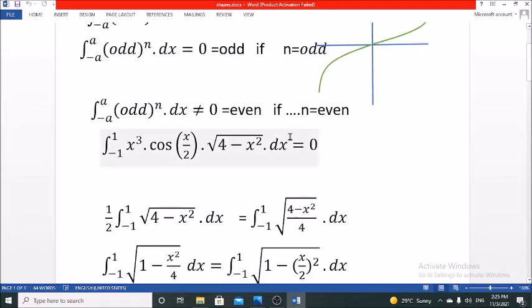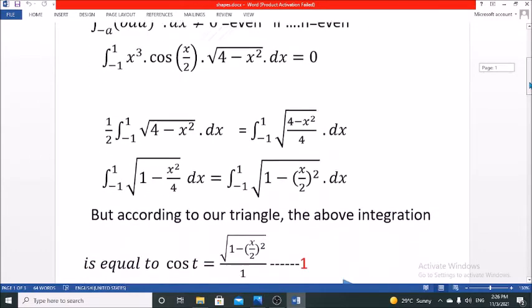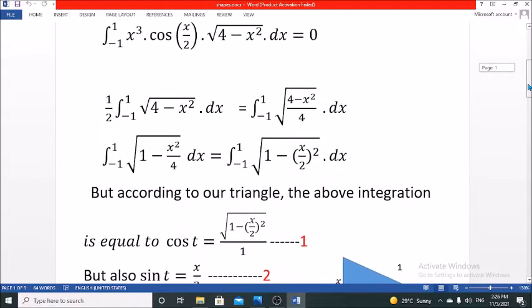So this is even, this is even, so these two together are an even function, and this is an odd function, so these as a whole are an odd function. So the integral here between two equal limits about the y-axis should yield 0. It actually yields 0.